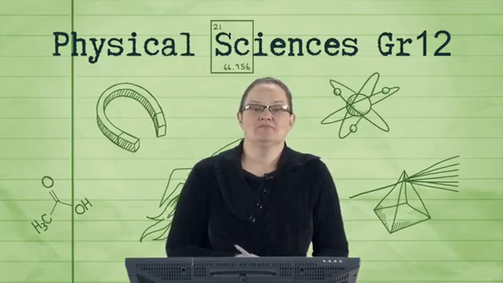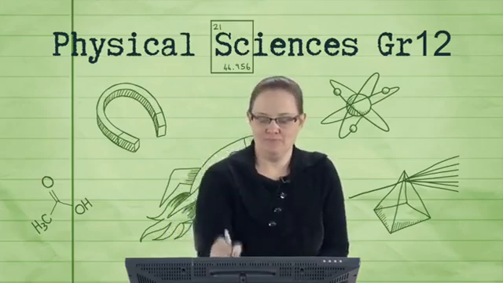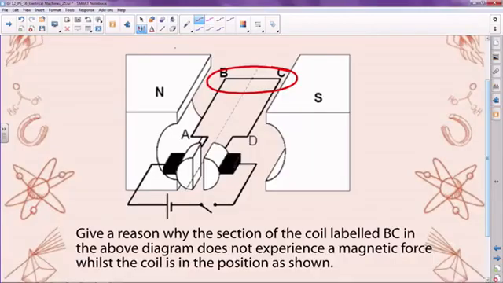So, grade 12s. All right, let's do, first of all, BC. Okay, why does it not experience magnetic force? Simplest answer, okay, they accepted it, though it's not really what they were going for. Switch is open. There's no current in the circuit. Okay, so that's one answer you could have given me.